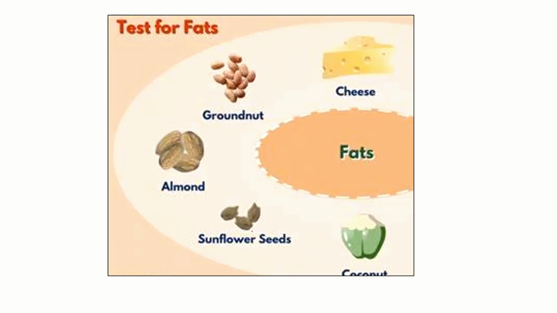Next, we have some fat items. Groundnuts contain fat, and cheese contains fat. Almond is very helpful to grow our body and make bones strong.